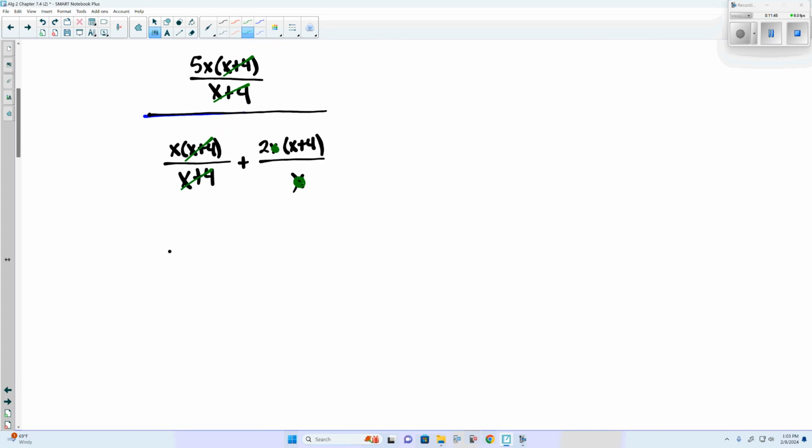And all those will simplify, leaving us with what in the numerator? Because we have the 5x. In the denominator, the first fraction reduces to just x plus 2 times x plus 4.